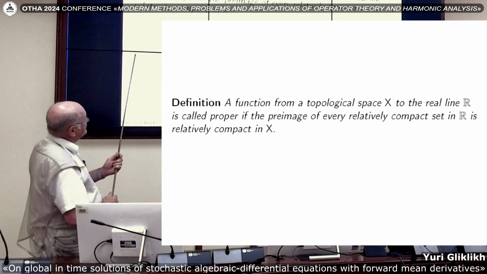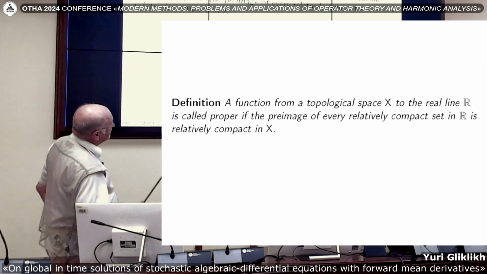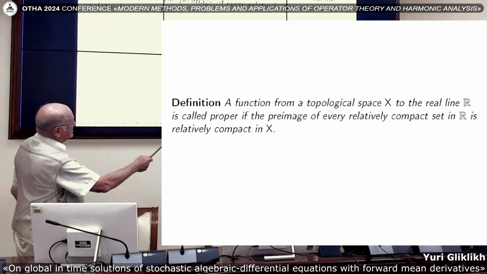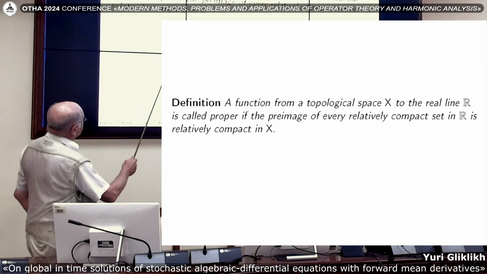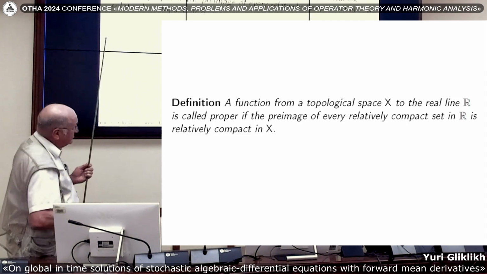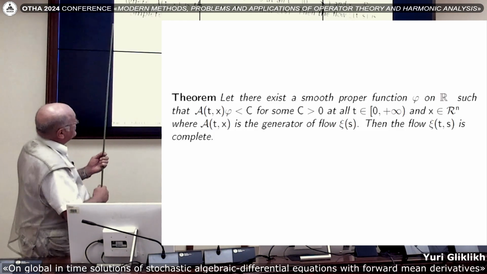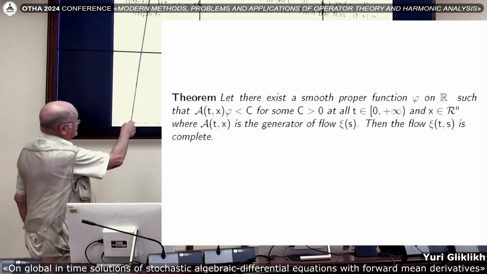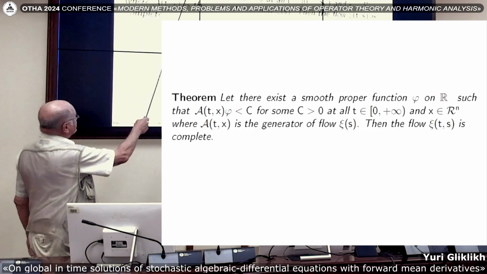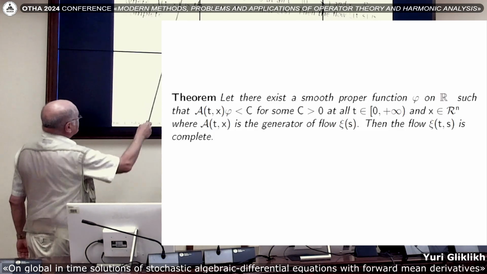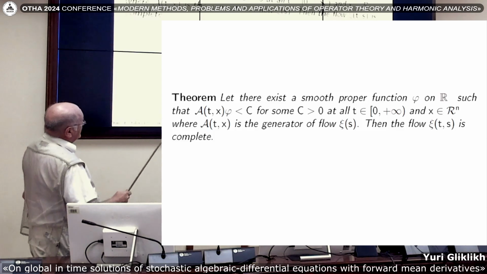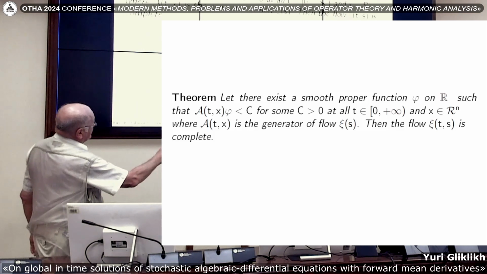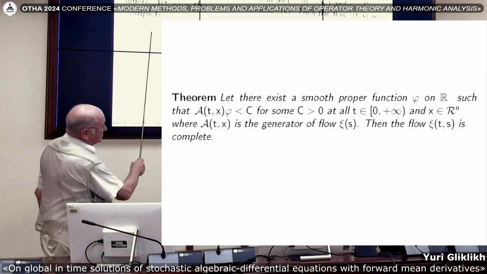Definition: a function from a topological space X to the real line is called proper if the preimage of every relatively compact set in R is relatively compact in X. Let there exist a smooth proper function phi on R^n such that, you remember, the generator applied to this phi is uniformly bounded by some constant C for all t and x. Then the flow psi ts is complete.